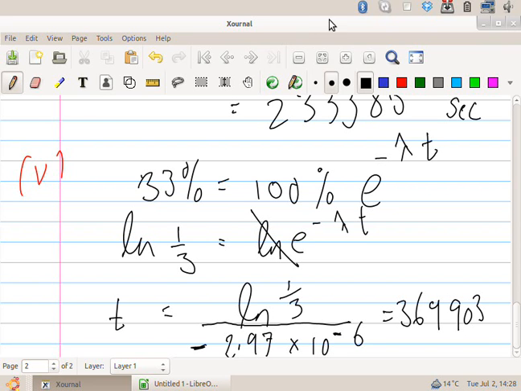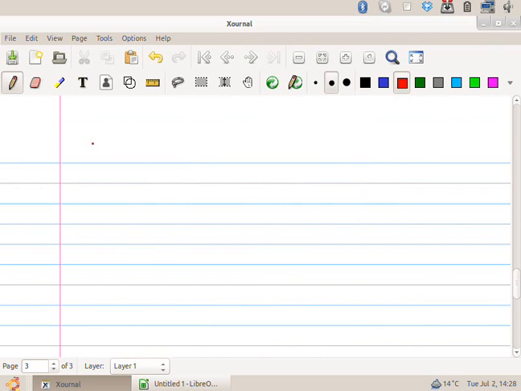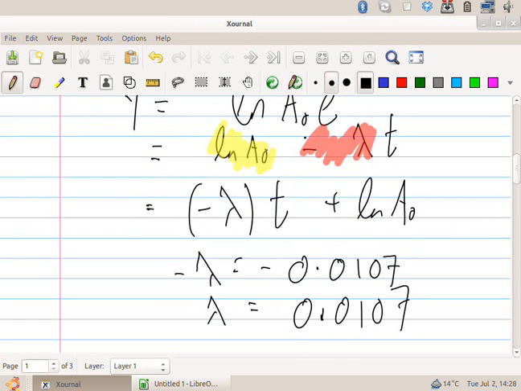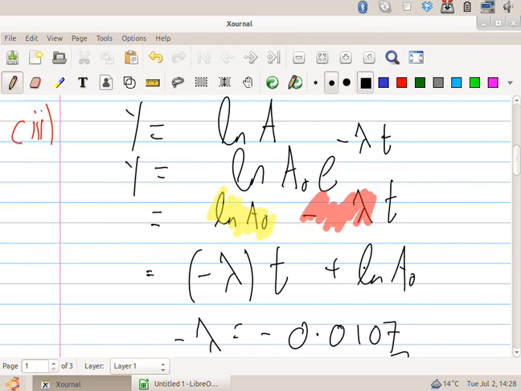Okay, last part now of this. So he wants the A0 now, the initial number in it. Well, where can we get that? Easy peasy. Remember back here? I said the log A0, that's a bit like the C, very good.